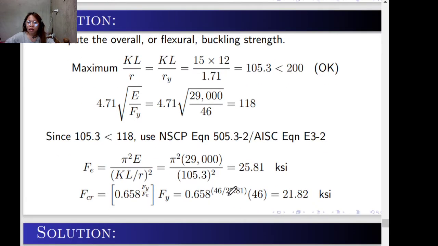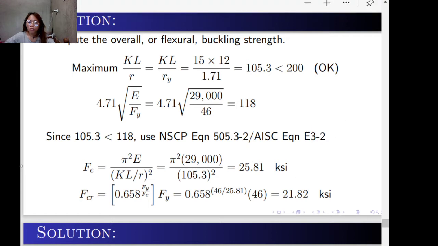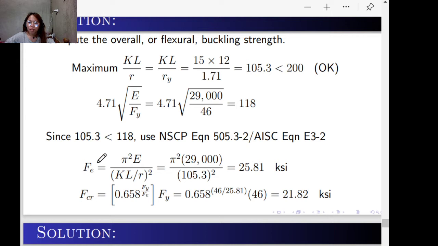Then since 105.3 is less than 118, use AISC equation E3-2 for the Euler's buckling strength, which is equal to this one. You compute for the Euler's F sub E, pi squared E over KL over R squared, which is equal to 25.81.